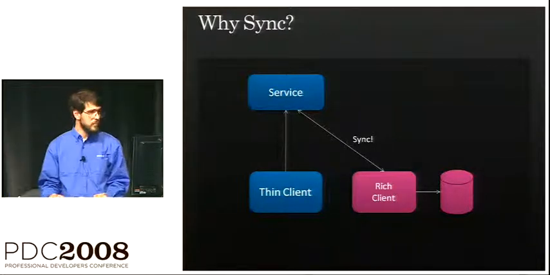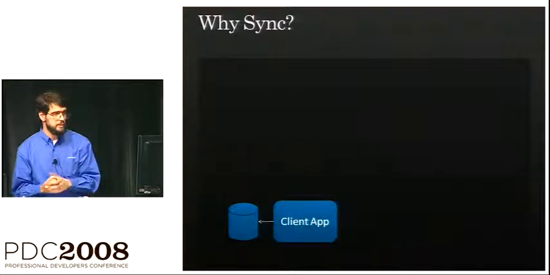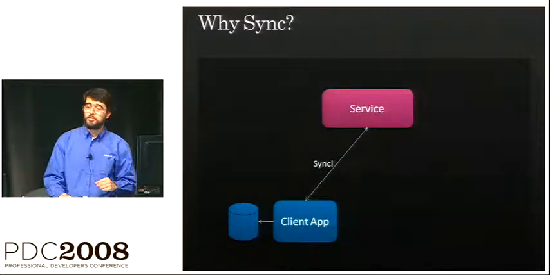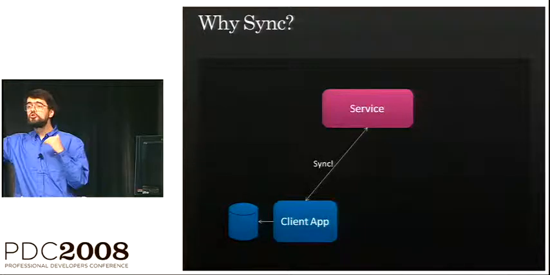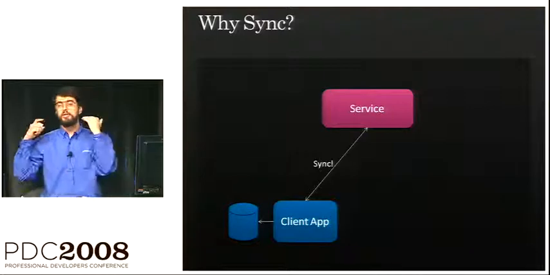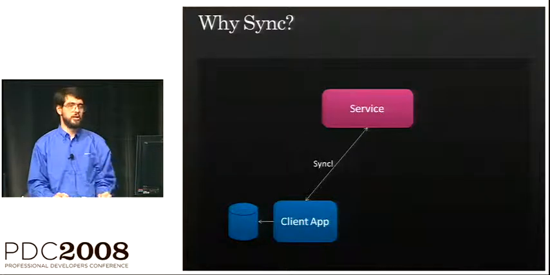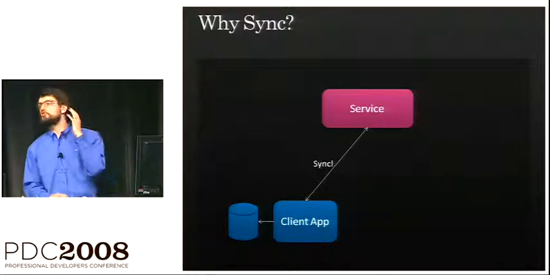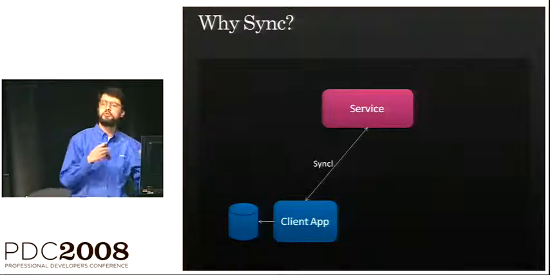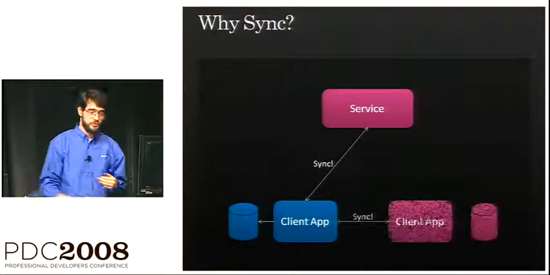But on the other hand, let's say you're starting out with a client application already that is running on the client and it has its own store. For such an application, Sync allows you to connect it to the service and to benefit from all the wonders that the service can bring without having to fundamentally alter your application, without having to change it to talk to the service APIs at all times, but instead it allows you to continue to operate the way it does and synchronize its data with the service.